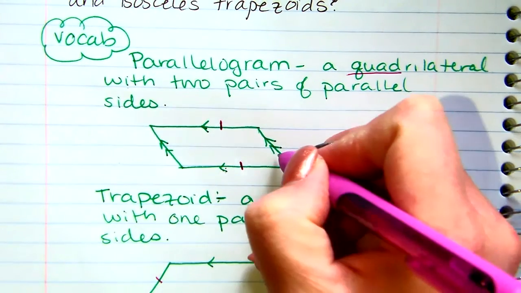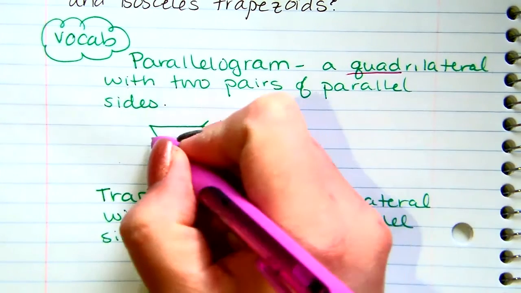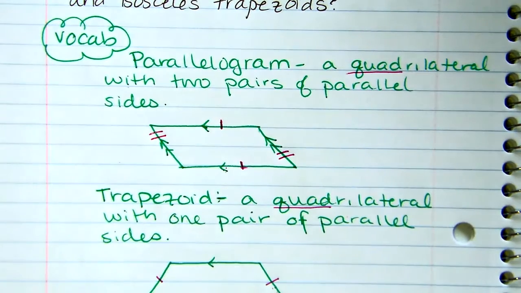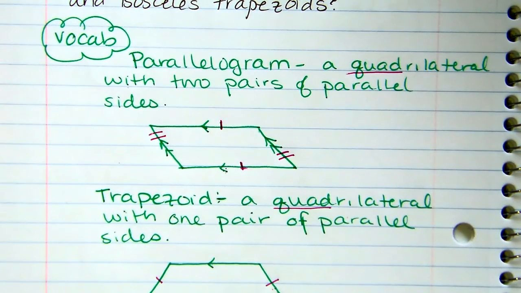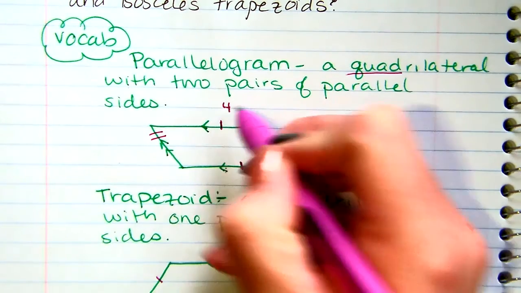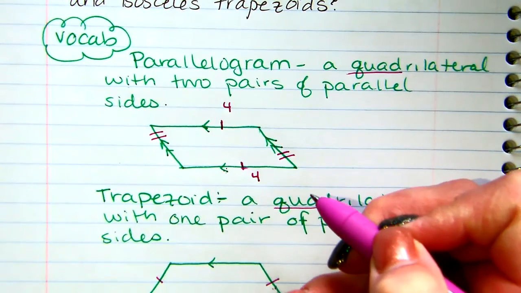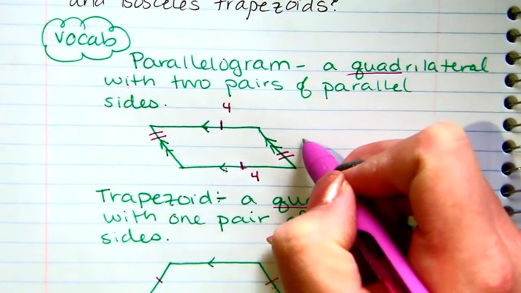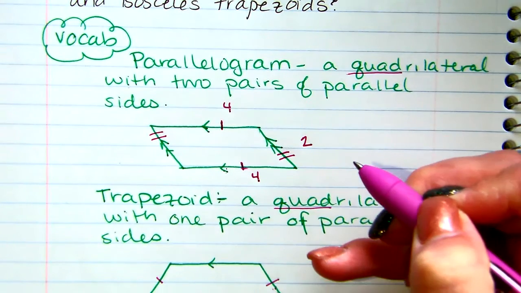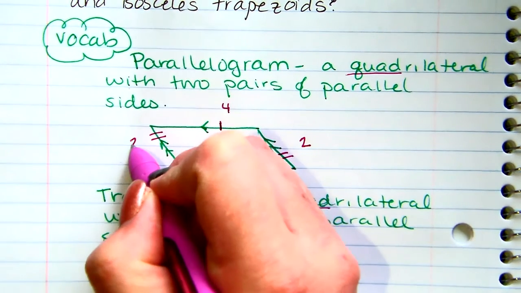And over here, because these have 2, that means that those segments are equal to each other. So if this is 4, that means this piece down here is 4. Over on the side, if this is 2, that means that this side will also be 2.